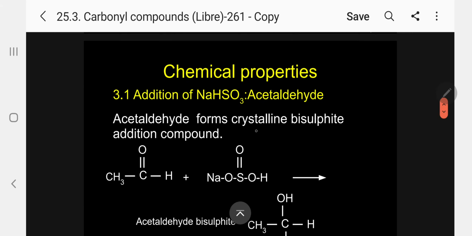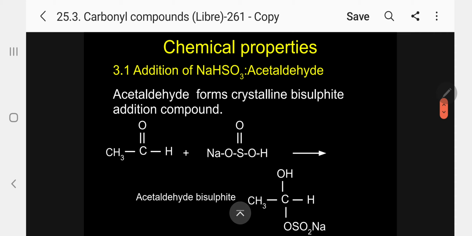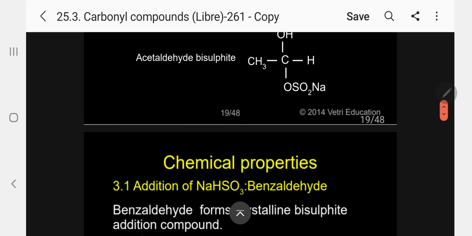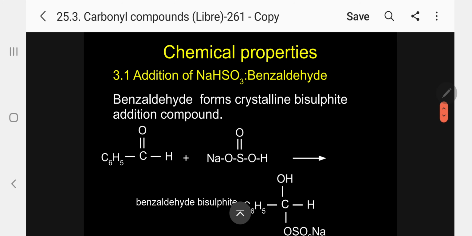In the same way, acetaldehyde forms a crystalline bisulfite addition compound, acetaldehyde bisulfite. The mechanism is the same, simply addition. The same way, benzaldehyde undergoes addition reaction with sodium bisulfite to produce benzaldehyde bisulfite.